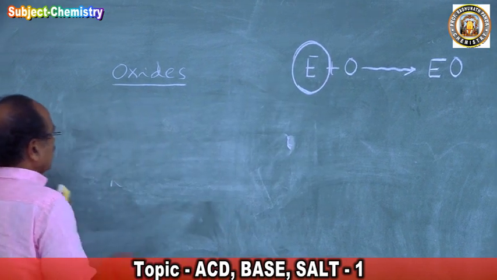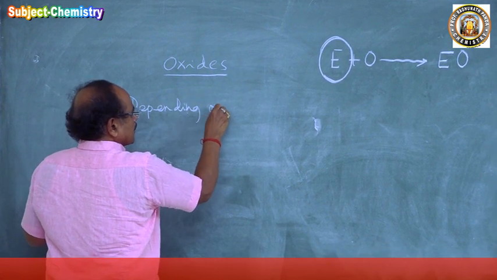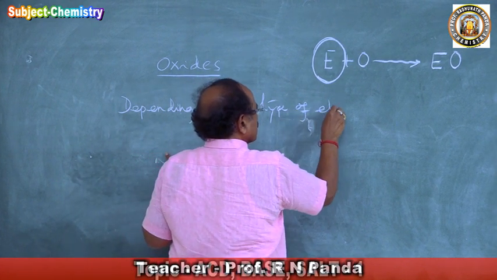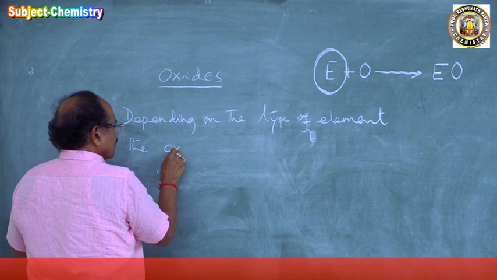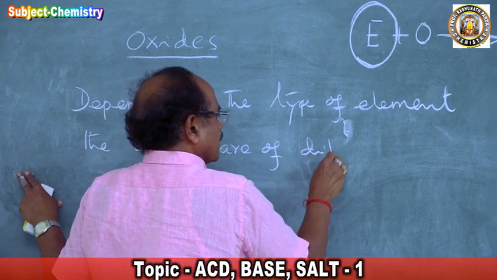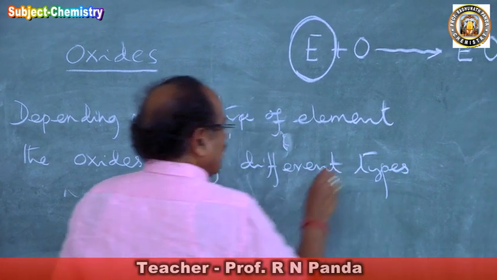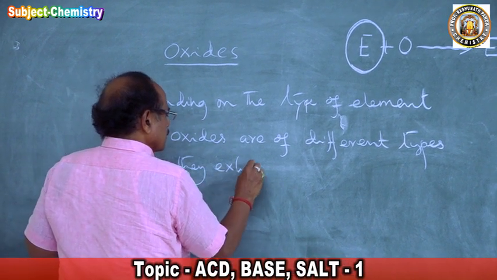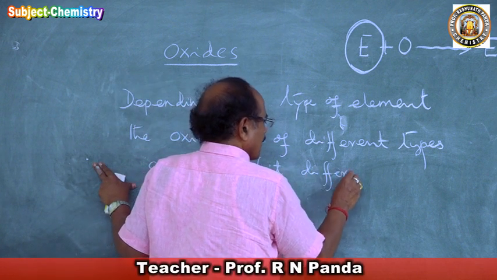So depending on the type of element, the oxides are of different types, as they exhibit different properties.